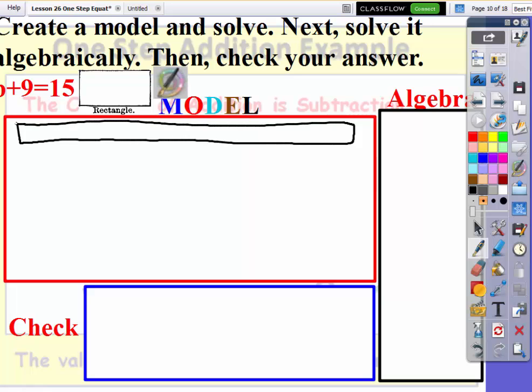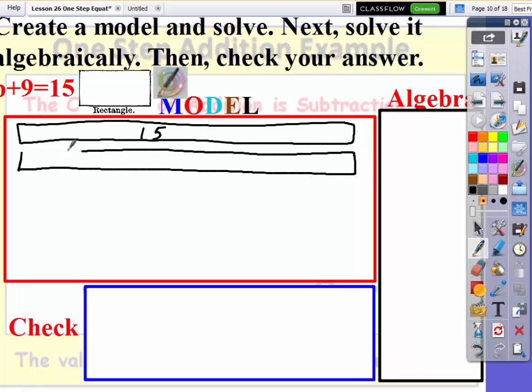So here's going to be my rectangle. I know the length is 15. Since I know that my left side must equal the right side, it's going to equal another length of 15. And how do I break this 15 up? Well, I know there's a 9, and I know there's a B.